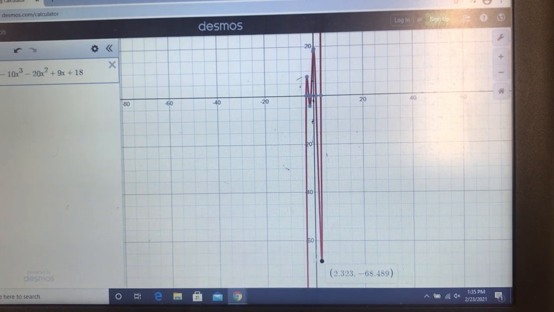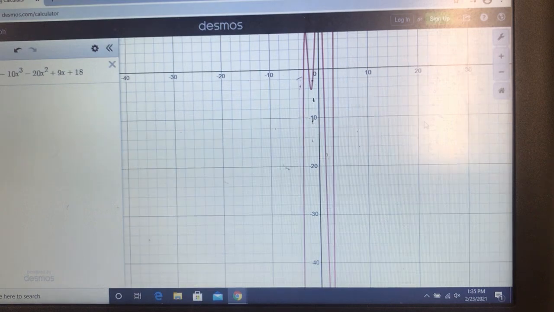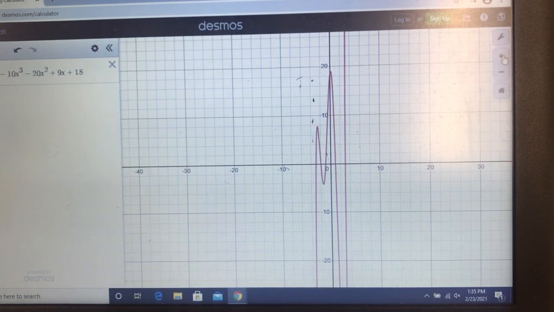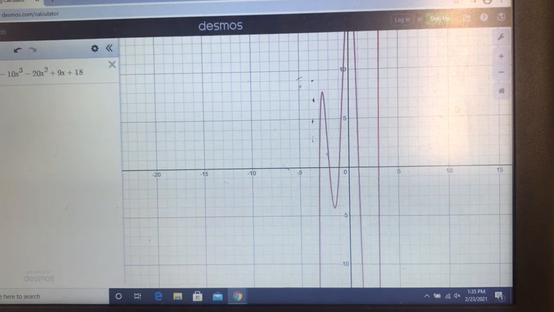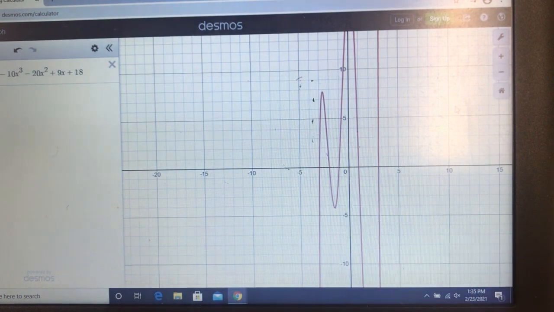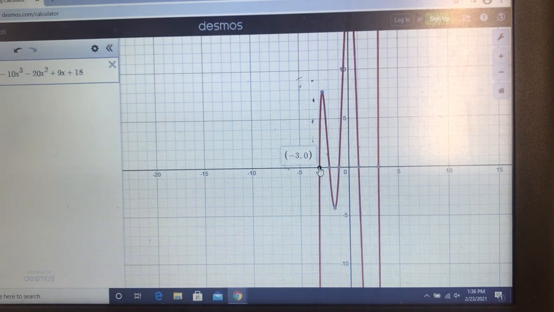Okay, then we've got our zeros. So let's bring this back out a little bit. Yeah, there's 1, 2, 3, 4, 5 zeros on this. So right here, negative 3, 0.